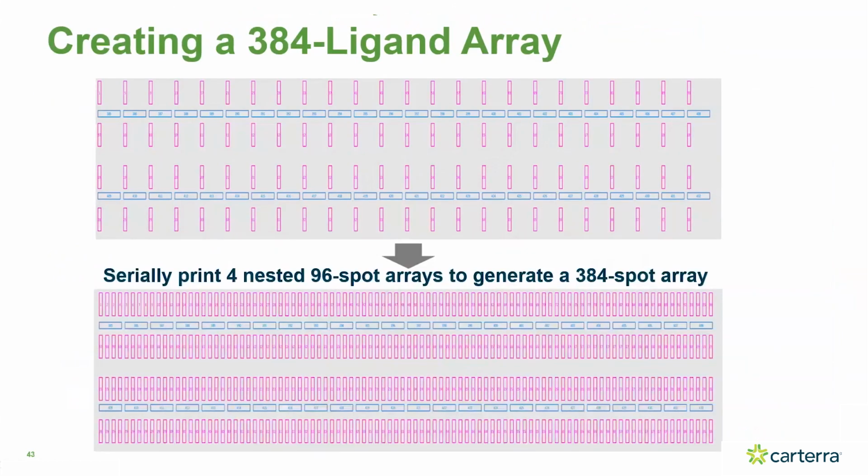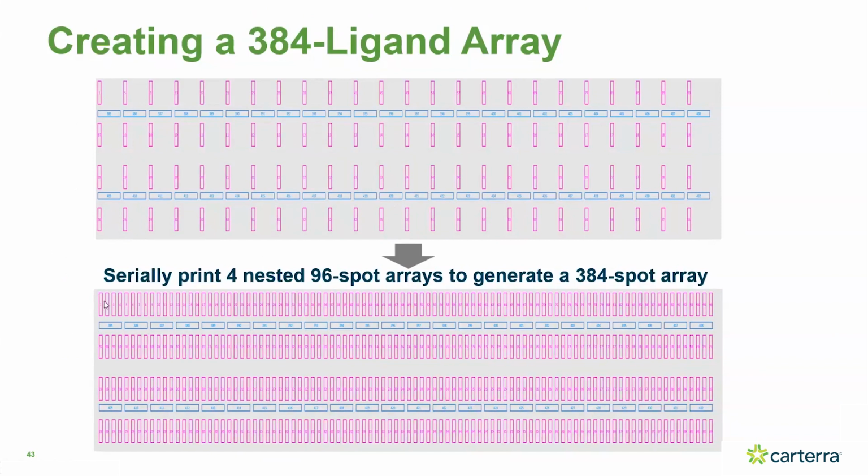This is a schematic of the way that works. The pink vertical rectangles are each individual flow cell of the 96 manifold. The blue horizontal rectangles are the interspot references. These are used for real-time referencing, and they are not printed to. So they're just on the surface of the chip or the capture surface, if that's what you're using.